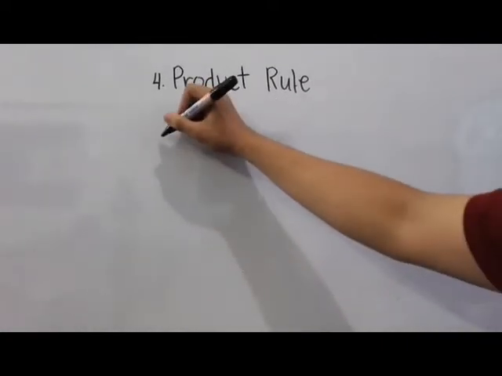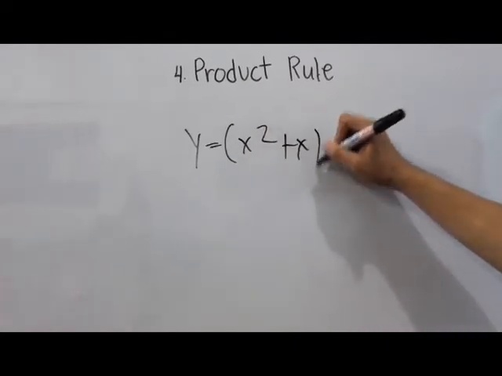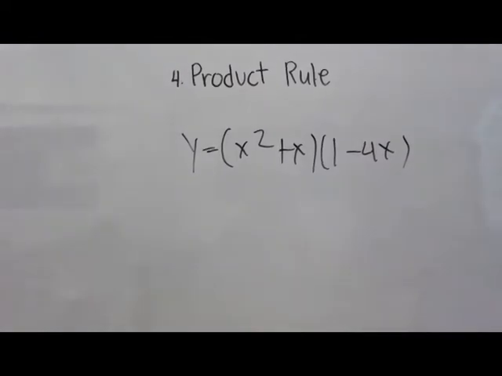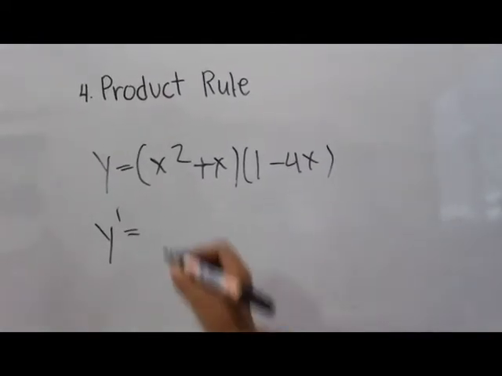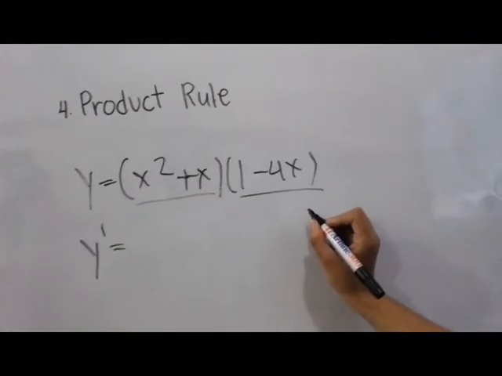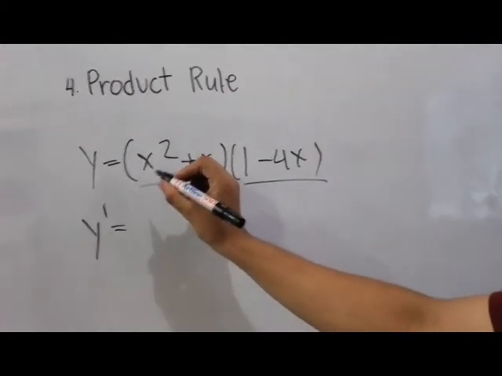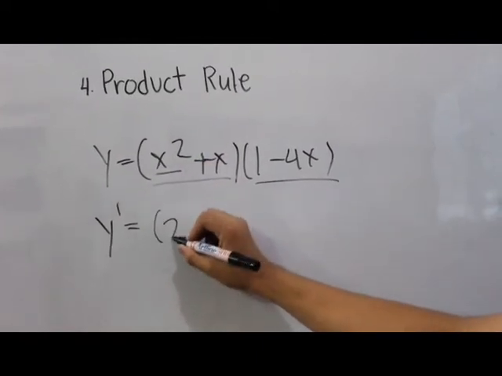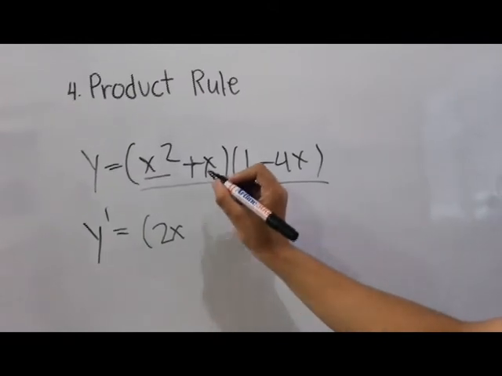Suppose you were given an expression y is equal to x squared plus x times 1 minus 4x. To get the derivative, we will have to apply the said formula. The derivative of the first expression times the second. Now, to get the derivative of the first expression, we will have to apply the power rule. Therefore, the derivative of x squared is 2x, and the derivative of x is 1.